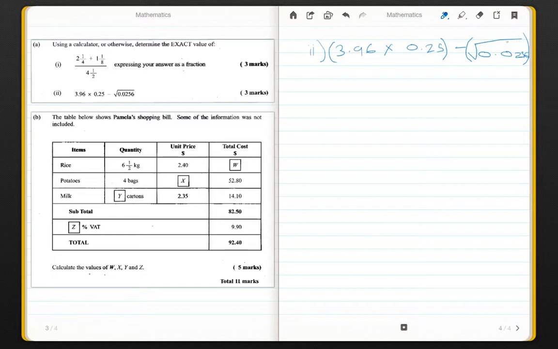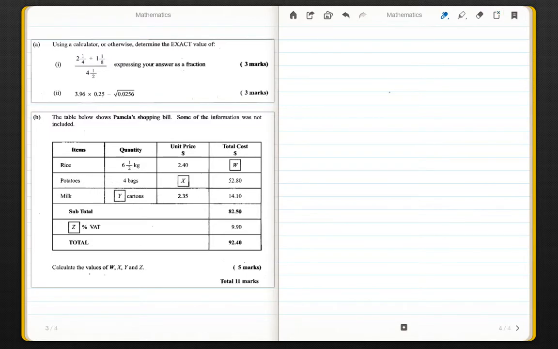This is also done first. So you put your brackets around these two select parts of the equation, and your calculator will tell you the answer, which is 0.83.